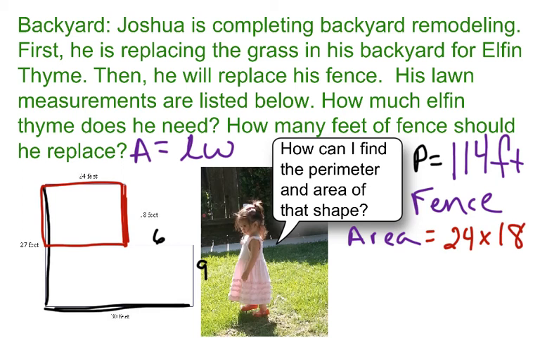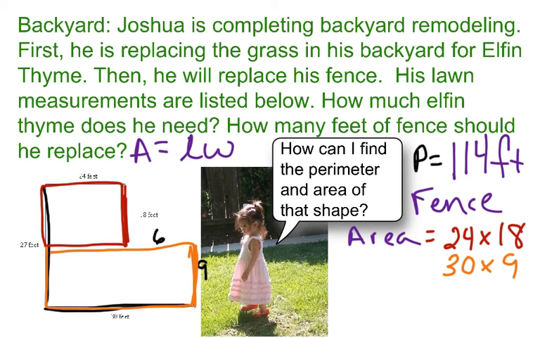And I'm going to add the area of my other shape, which is 30 by 9. And again, that's because the width is 9. So now I'm ready to multiply, then add my results.